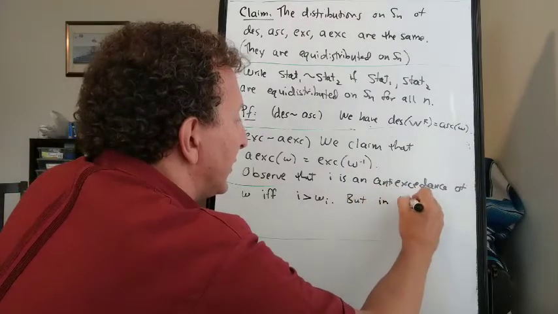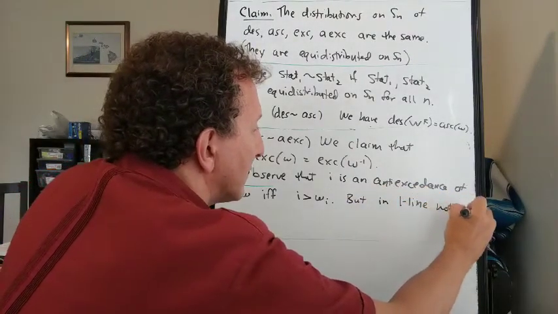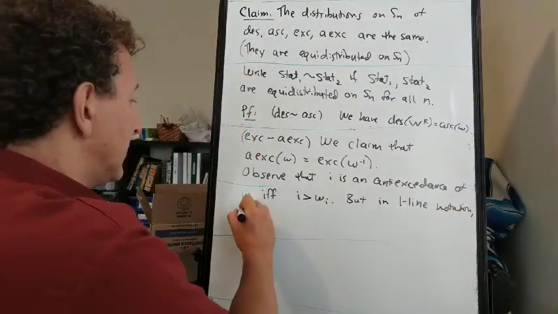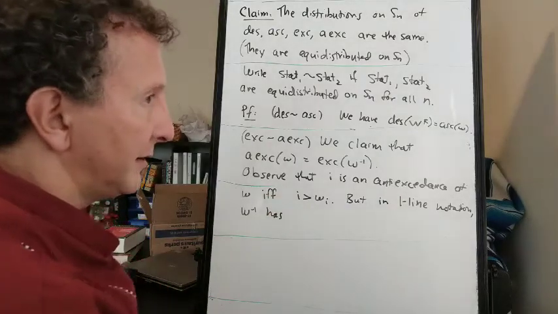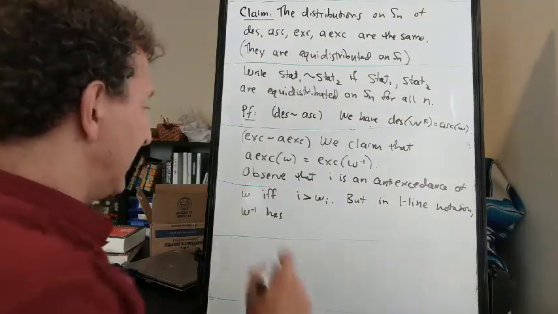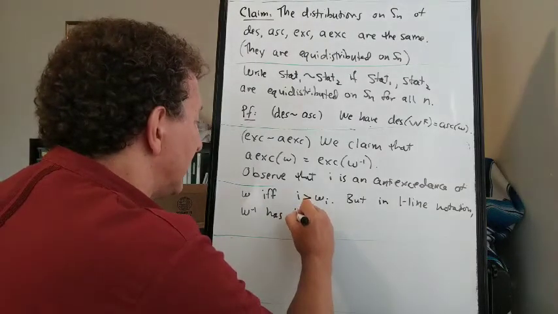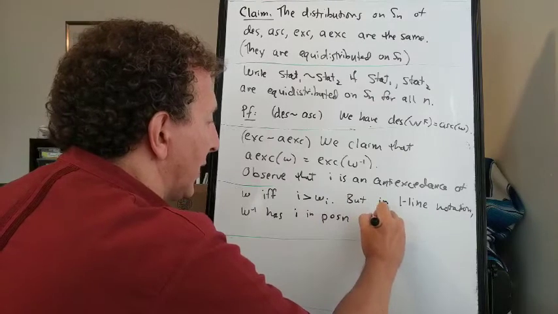But in one line notation, since W has Wi in position I, W inverse has I in position Wi.